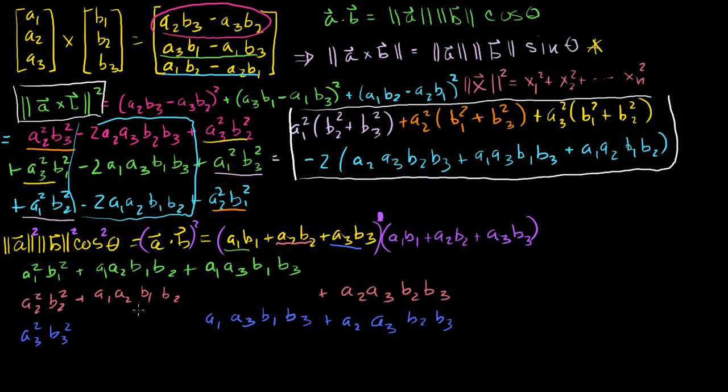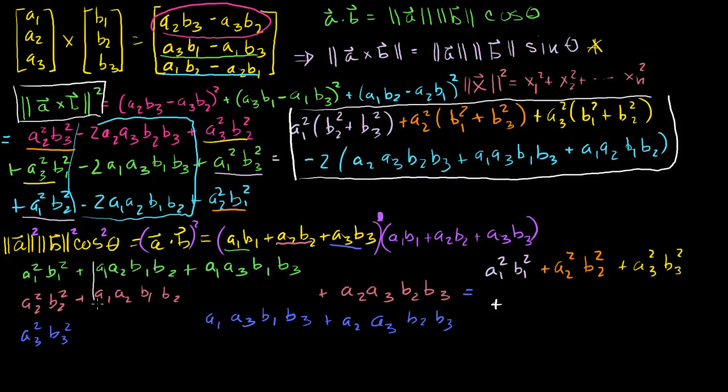And so if you add up all of this business here, what do you get? I'll switch to another color. You have a1 squared, b1 squared, plus, and I'm doing these colors in a certain way on purpose, plus a2 squared, b2 squared, plus a3 squared, b3 squared, plus, and let me do it in white, plus, what do you have here?